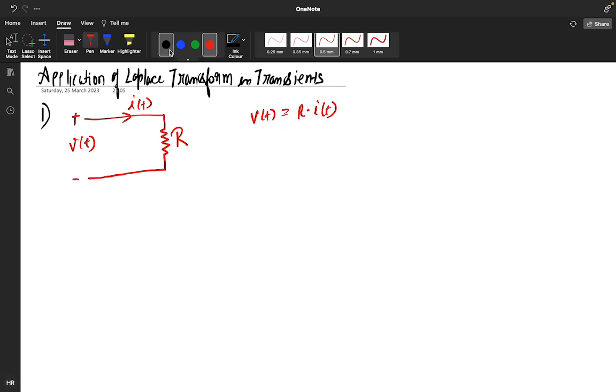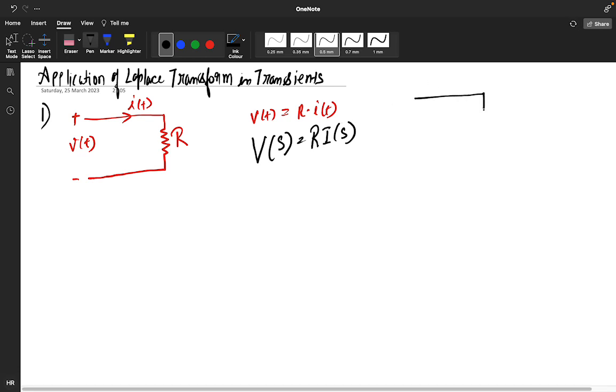If you want to convert this into the Laplace transform, it will become V of S equals R into I of S. Okay, so the circuit will look like this: positive, negative, V of S, this will be R, and this particular is your I of S.